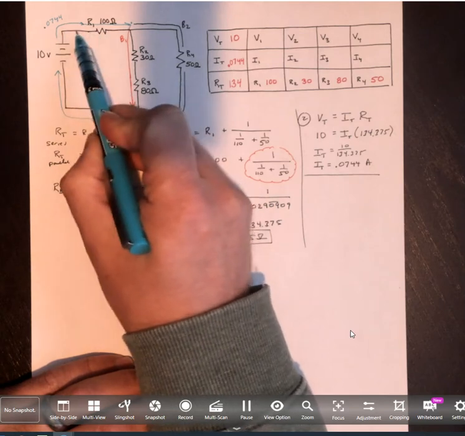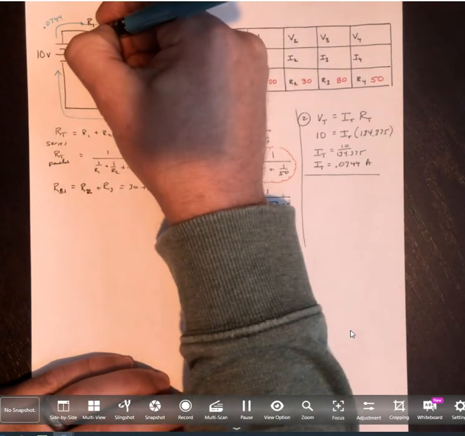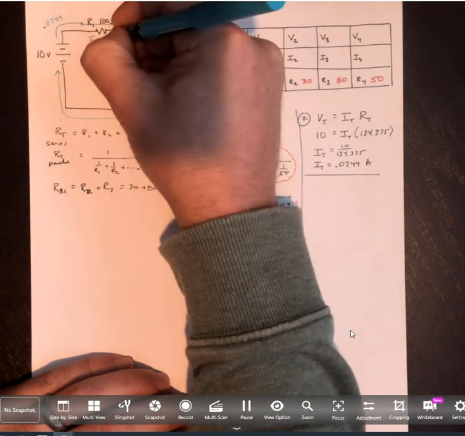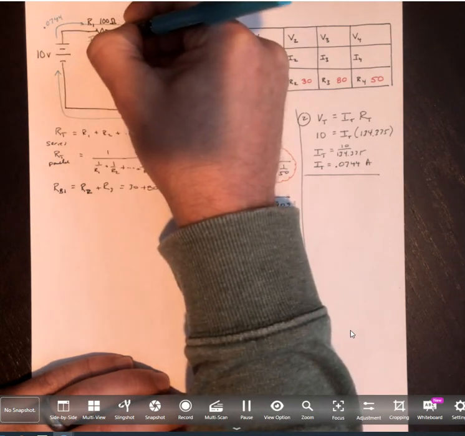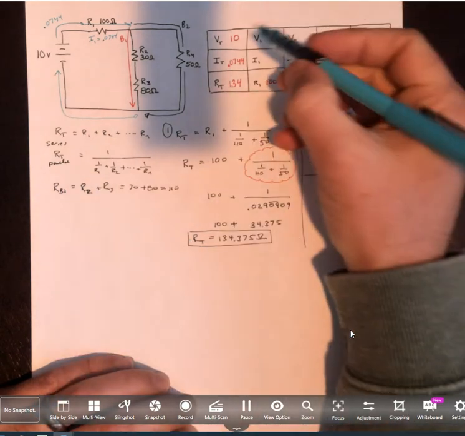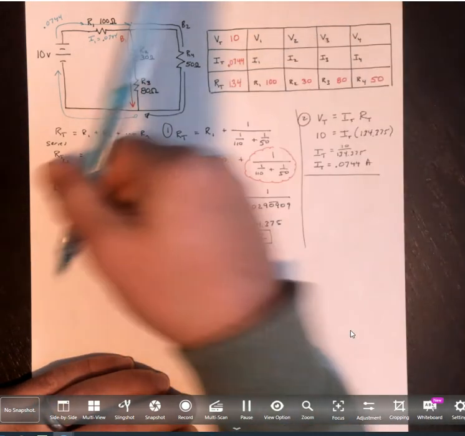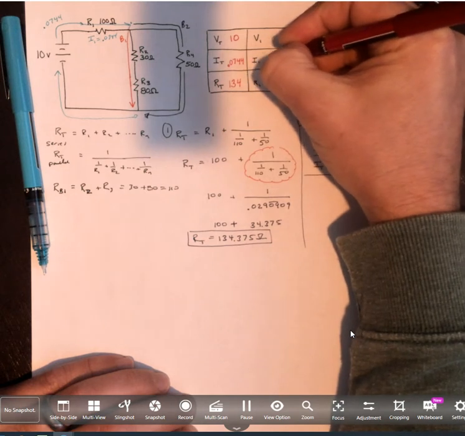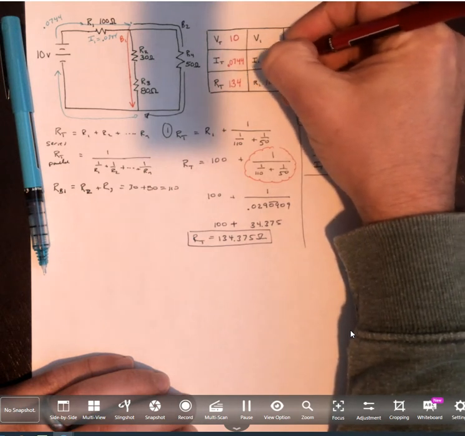We hadn't branched yet. So I know here that I1 is the full amount of current of 0.0744. Just by looking at my schematic, I can understand that. So I get to go ahead and fill in that the current at resistor 1 is also 0.0744.